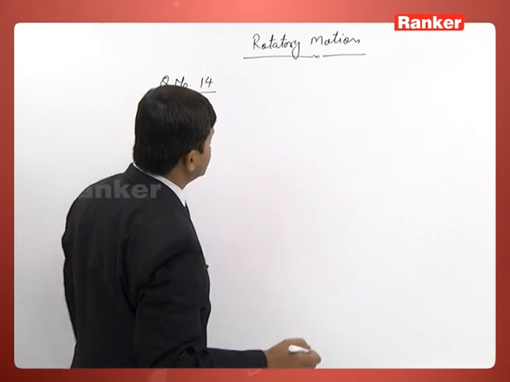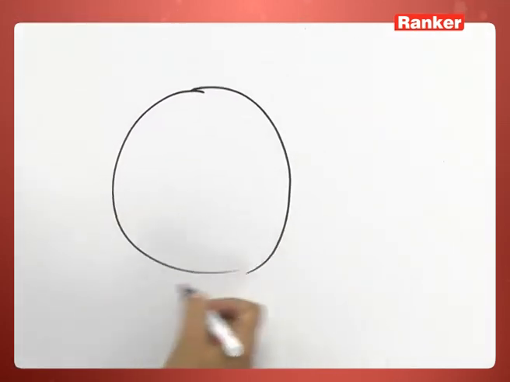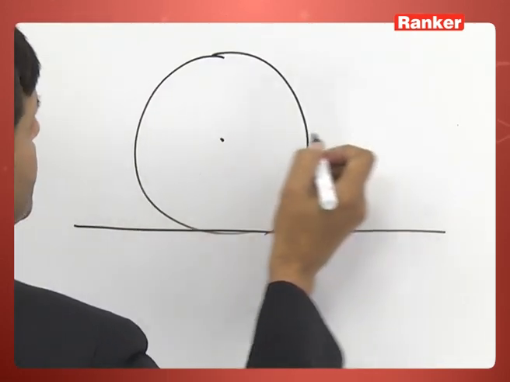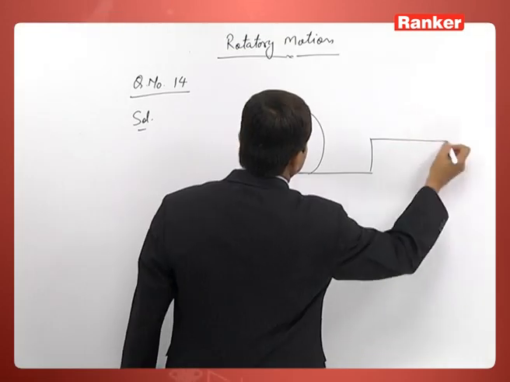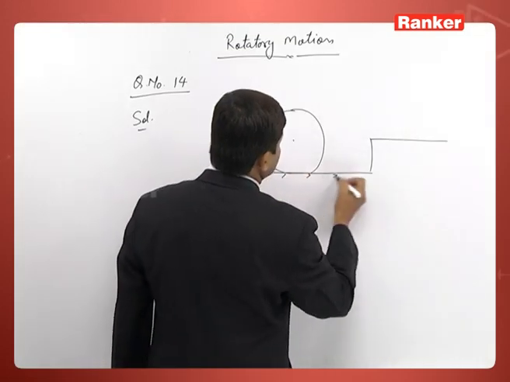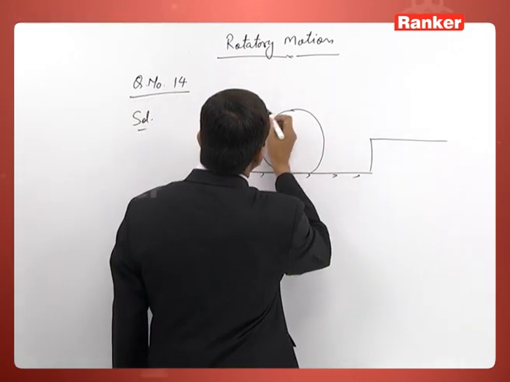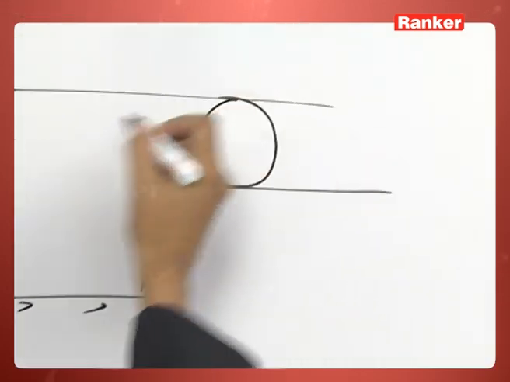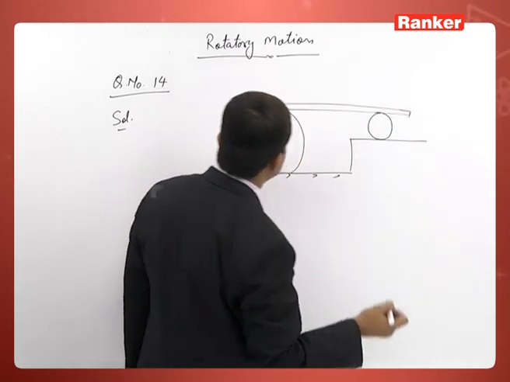As per the question here, there are two cylinders, and these two are kept like this. One is like this and another is kept over the other like this.